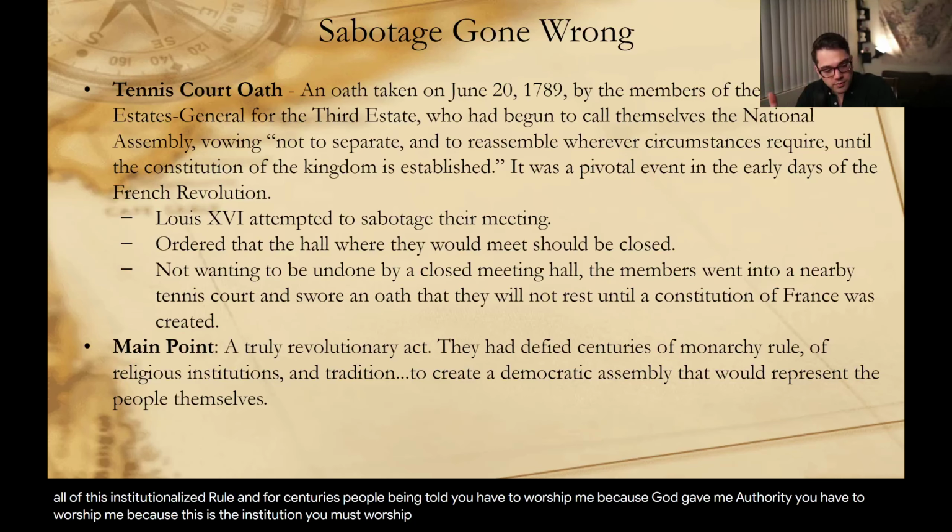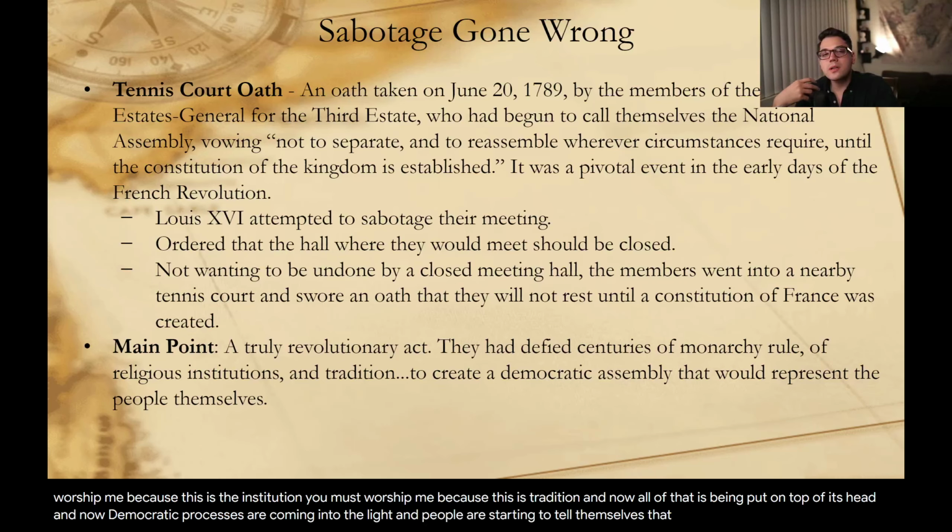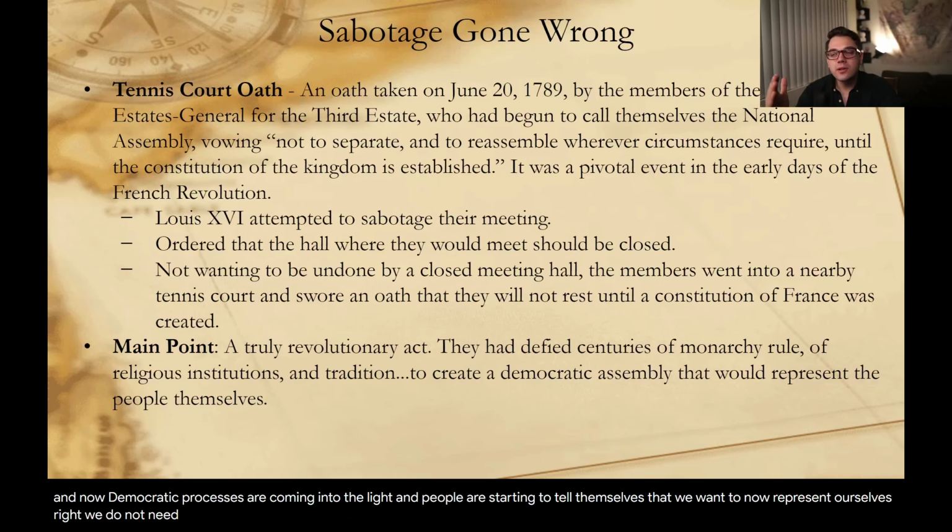You must worship me because this is tradition. And now all of that is being turned on its head. Now democratic processes are coming into the light, and people are starting to tell themselves that we want to represent ourselves, right? We do not need or want you to tell us what to do anymore.